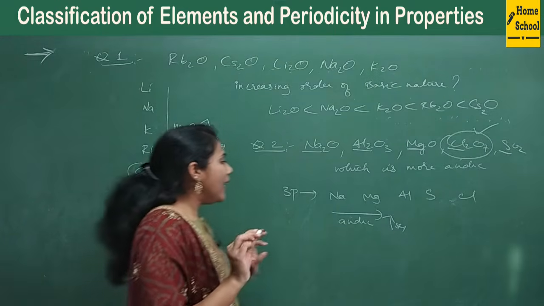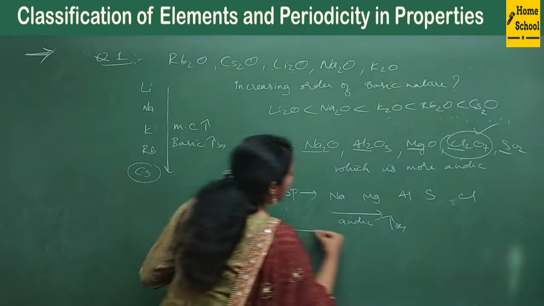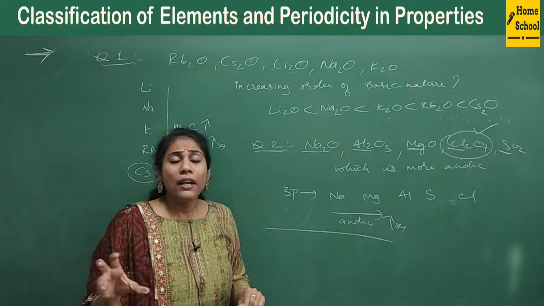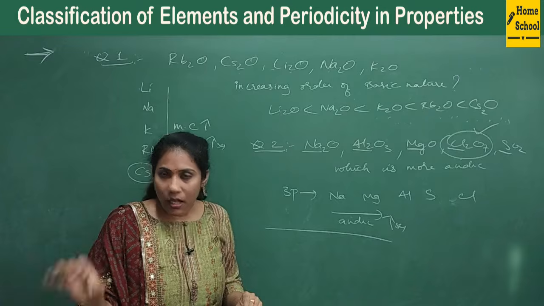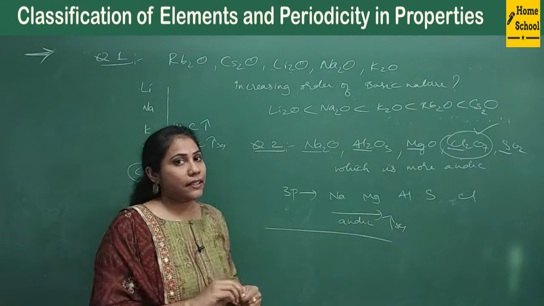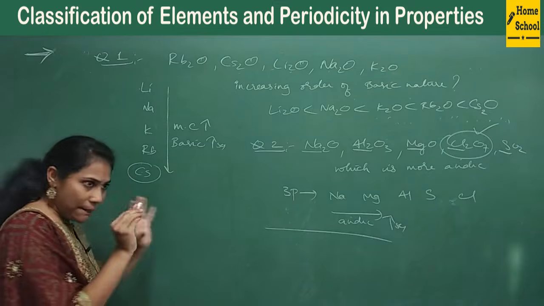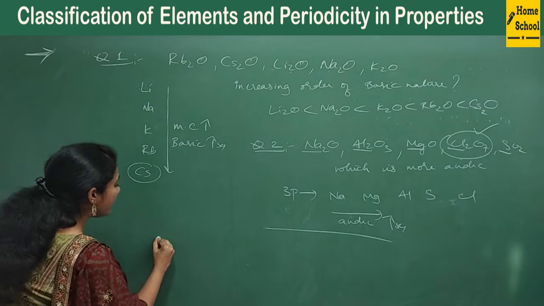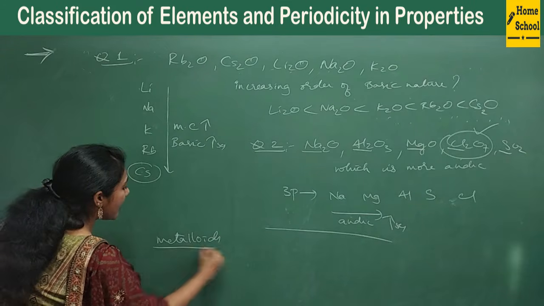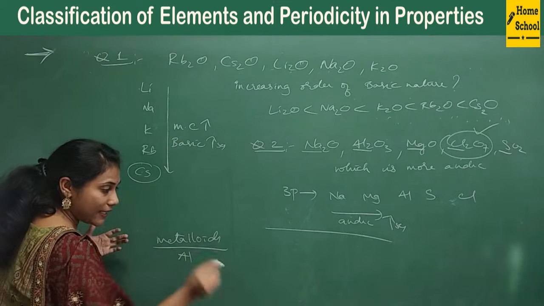Okay, fine. And there is one more concept that you need to understand. I told you compounds of metals are more basic, compounds of non-metals are acidic. But there are some elements in the periodic table which we call metalloids. For example, aluminium is a metalloid.